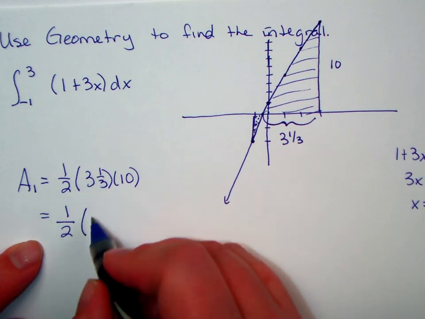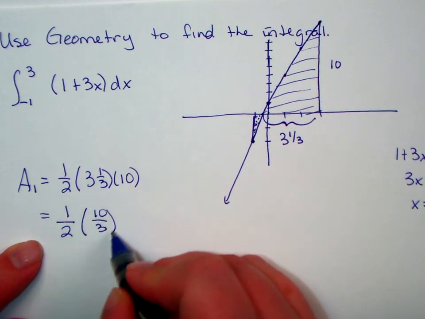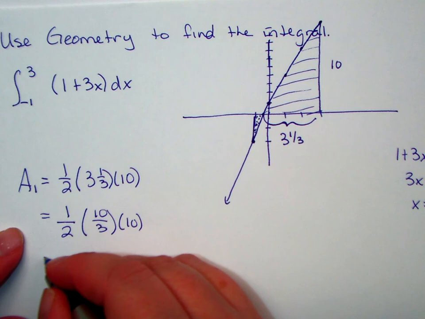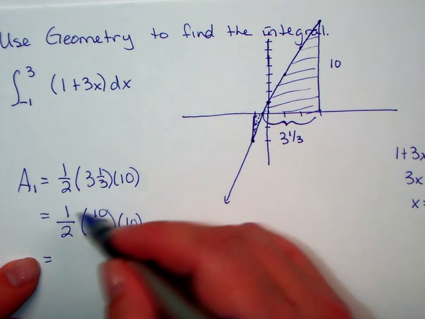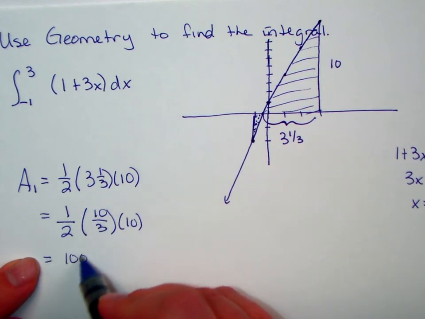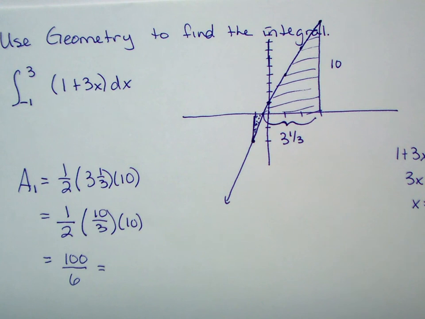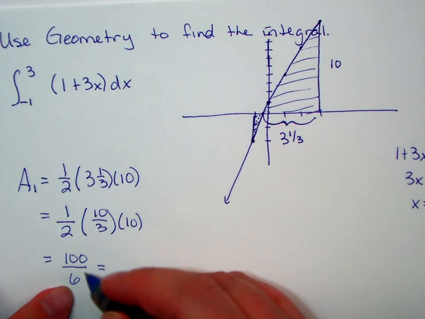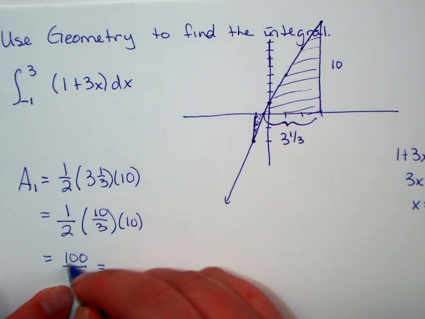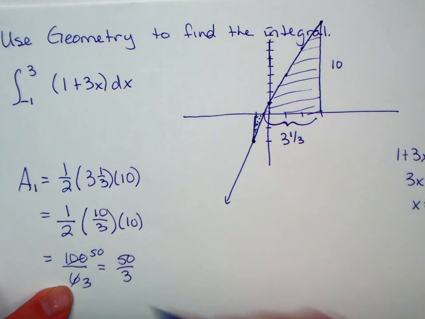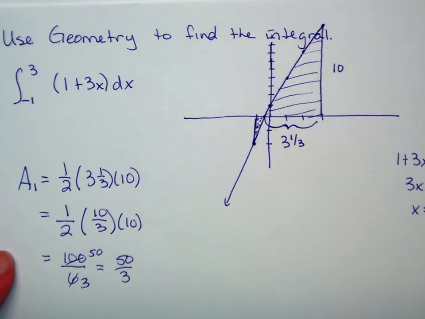So 3 times 3, 10 thirds times 10. So I'm going to get 100 over 6, right? Which would simplify to 50 thirds. All right, let's go with that. This is not the best example, but we can do it.